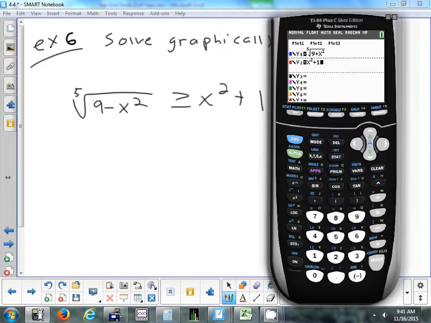The way I typed it in, I'm looking for where the blue line is above the red line. You put 9 plus x. Oh, should be minus. Thank you. Yeah, that's important. We're still going to look for where the blue curve is above the red.